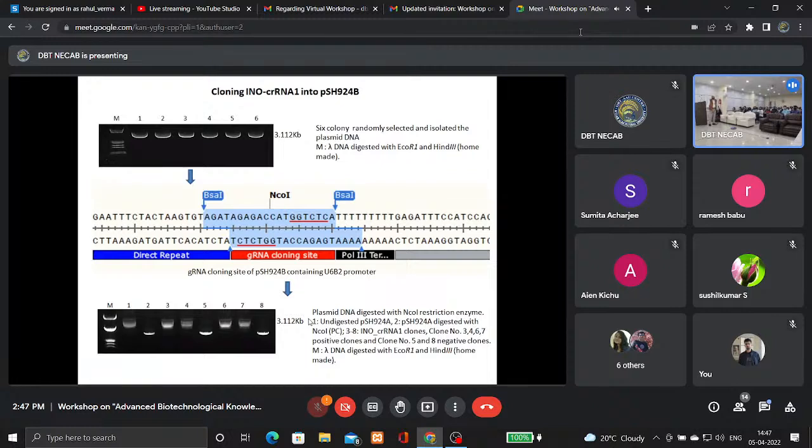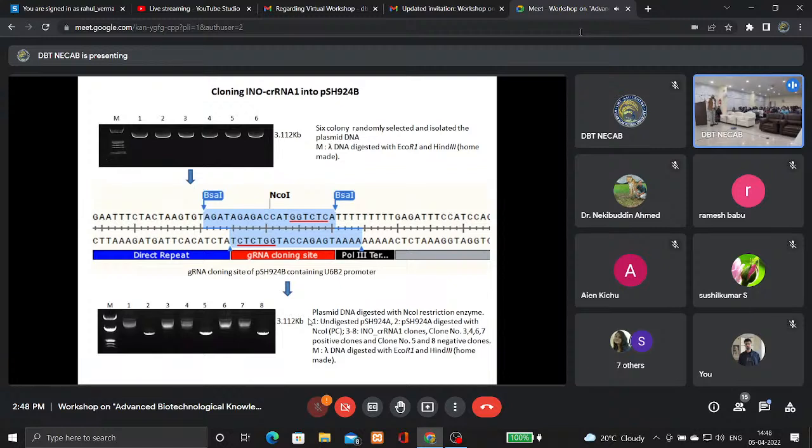This is the undigested product, and this is for the control. Now we have to always run one positive control and one negative control. This is the same plasmid DNA, the original vector system with the NcoI site, and then clones 3, 4, 6, and 7 are positive clones, and clones number 5 and 8 are negative clones because they still have the NcoI site.